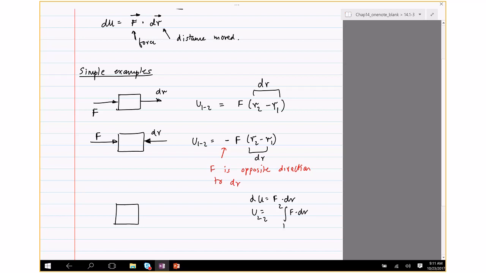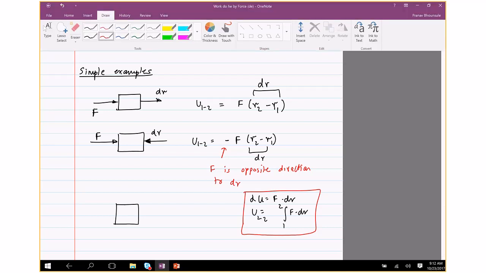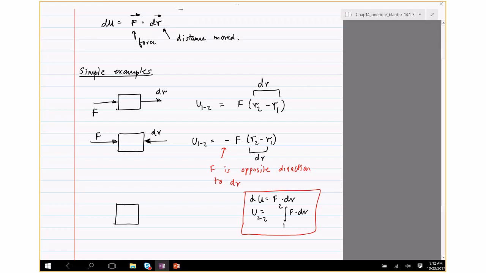So you have to find F, put it in that equation and integrate it from 1 to 2. So it's not going to be a straight line. The work done in moving a particle this way or that way could be different. For gravity, you'll see that it's actually the same because the force is constant. If the force is a function of r, then yes. But good question. In general, I would recommend always using this formula to find the work done. Don't just do F times R2 minus R1. It's only true if F is constant.